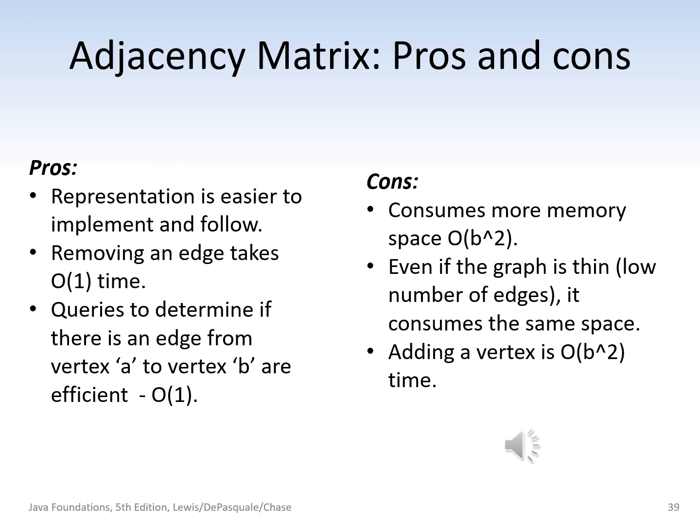Cons: they consume more memory space, O of V squared, even if the graph is thin or sparse. In other words, it has a low number of edges. It consumes the same space. And adding a vertex is O of V squared time. So those are considerations when choosing an adjacency matrix versus an adjacency list.